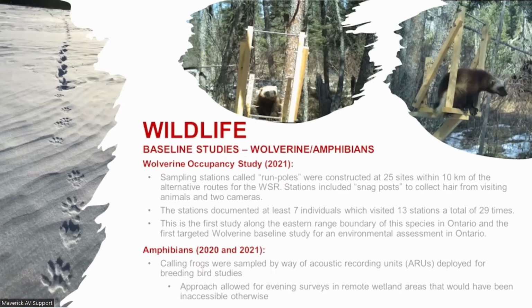And so we set up sampling stations called run poles at 25 different sites within 10 kilometers of the planned road center line. And then these stations were set up to include what we call snag posts to collect hair from the animals that would visit, and then there were wildlife cameras set up.